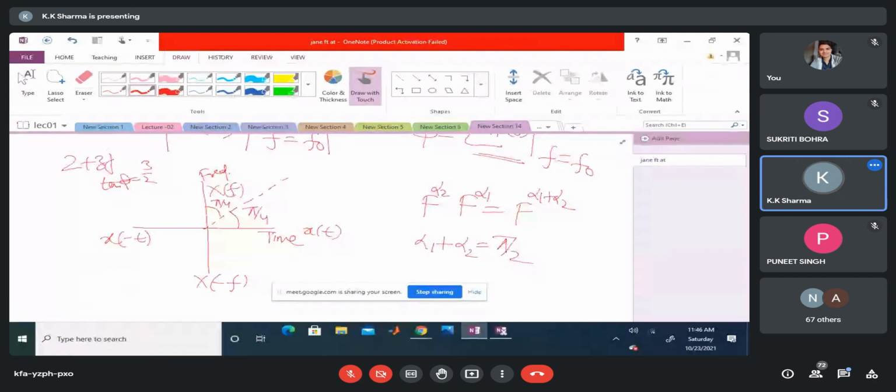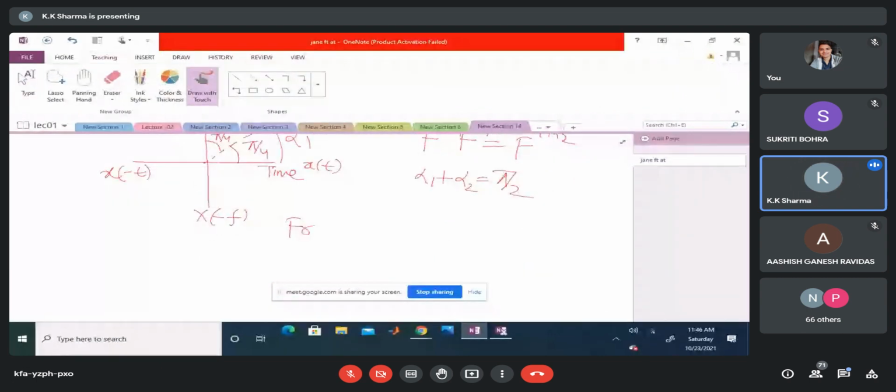It can be alpha 1, it can be alpha 2, and alpha 1 and alpha 2 are any arbitrary angles. This operator is called the fractional Fourier transform. This operator at any arbitrary angle is what is called the fractional Fourier transform.